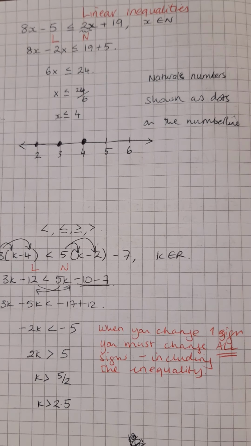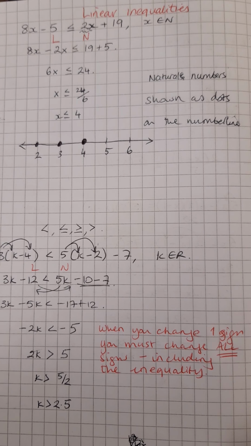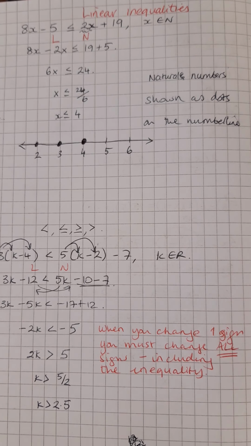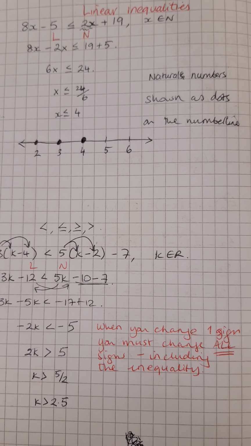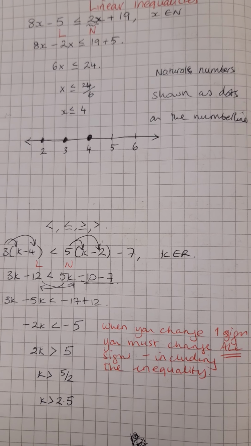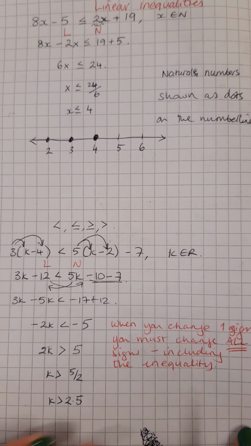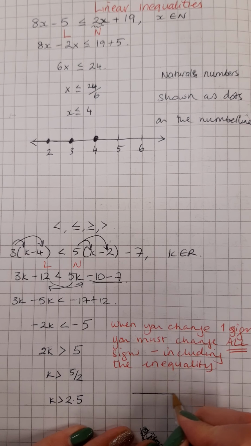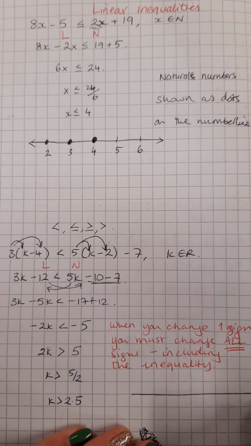You can pop that on the calculator. It's not uncommon to get fractions when you're solving equations, so don't think you're wrong the minute you get a fraction. It could be correct. Once we have this done, we can now draw our number line. In drawing our number line, we don't show fractions on the number line.